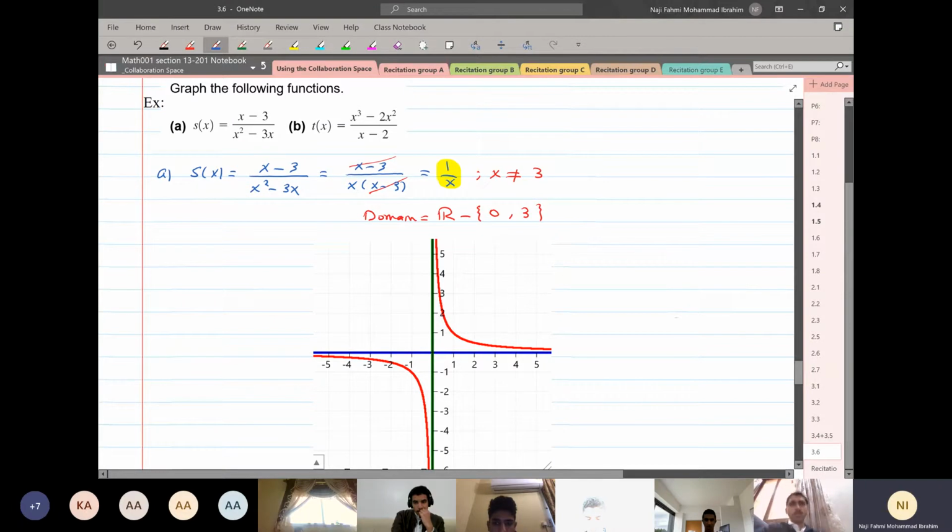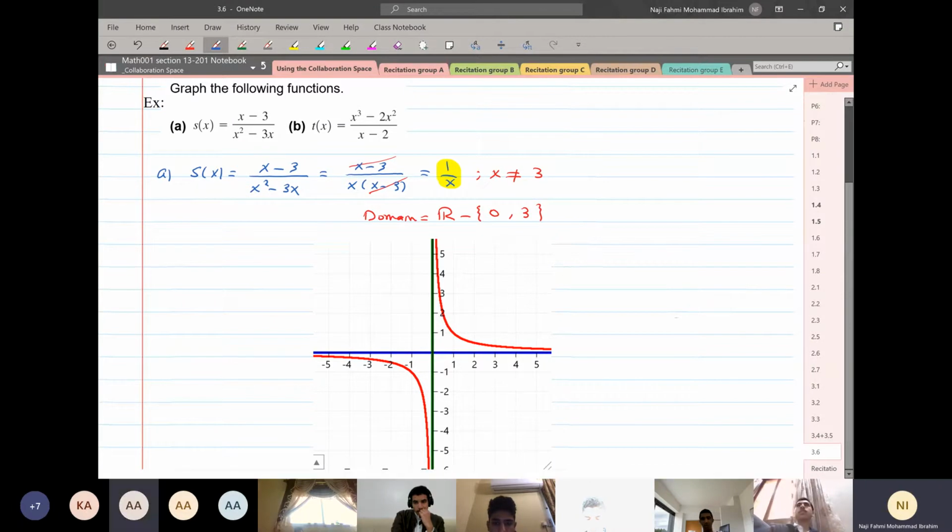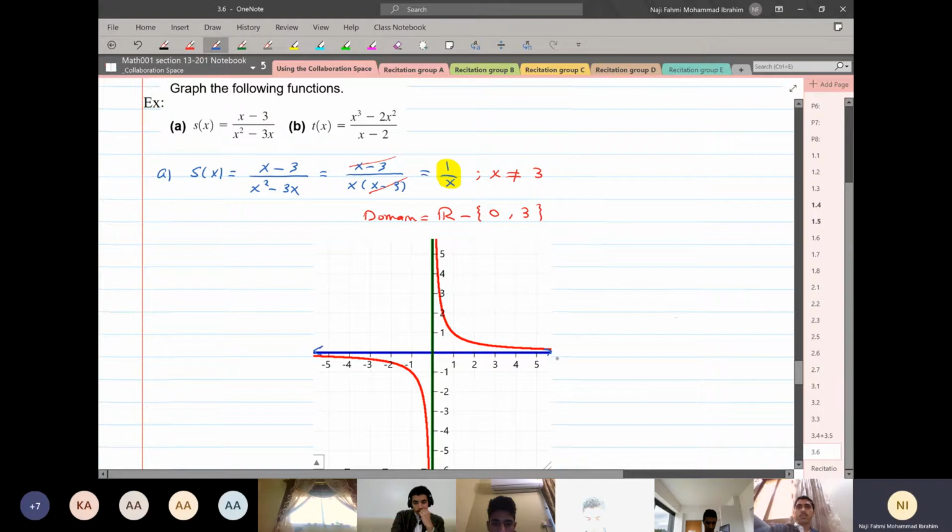It's y equals 0, not x, horizontal. So the HA is y equals 0. But what about the vertical asymptote? We have x equals 0.